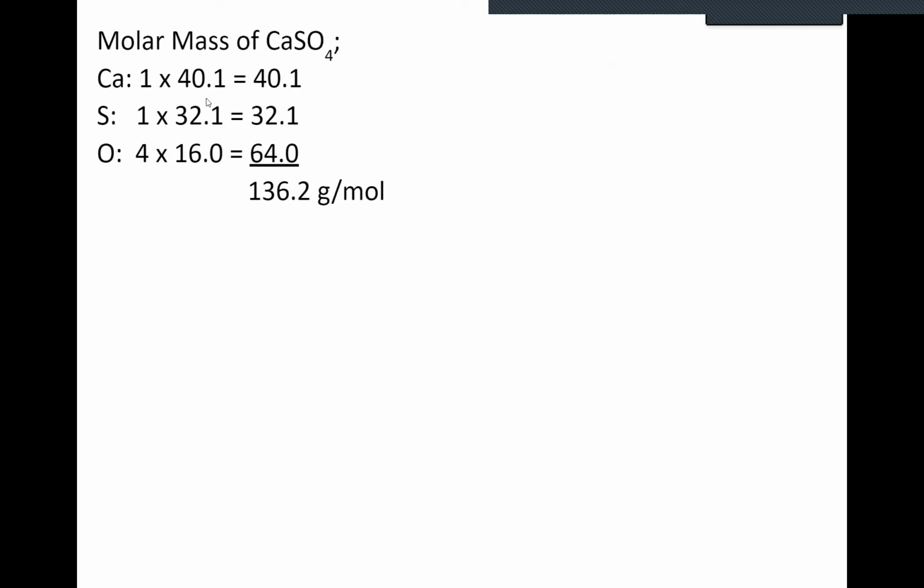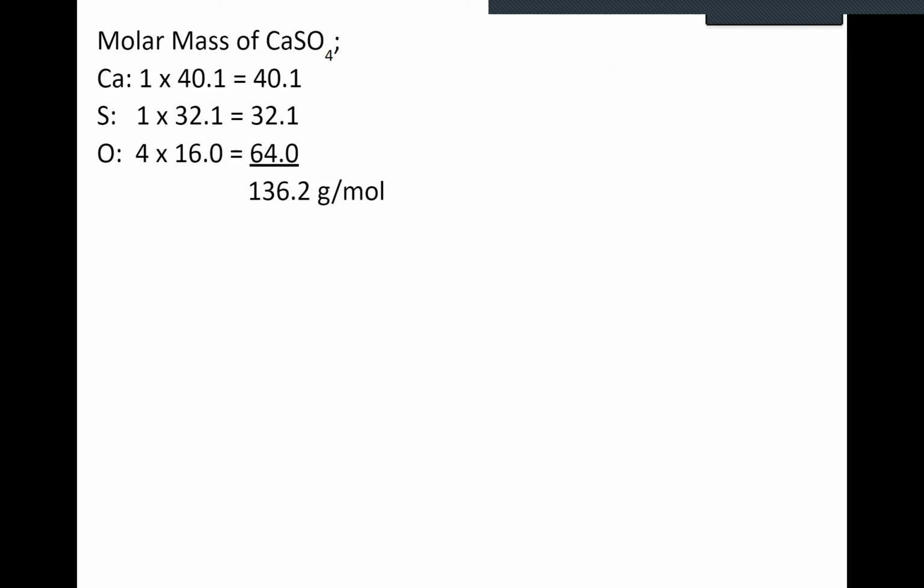Round them to the 10th place. In the case of calcium, 40.1, sulfur, 32.1, and oxygen, 16.0. There's 1 atom of calcium, 1 of sulfur, and 4 of oxygen. Multiply across, and you get these numbers with a total of 136.2 grams per mole.